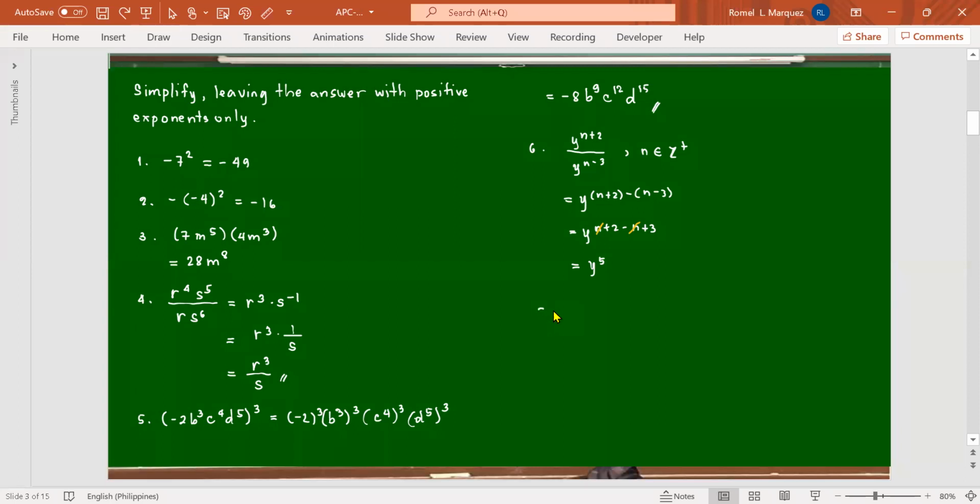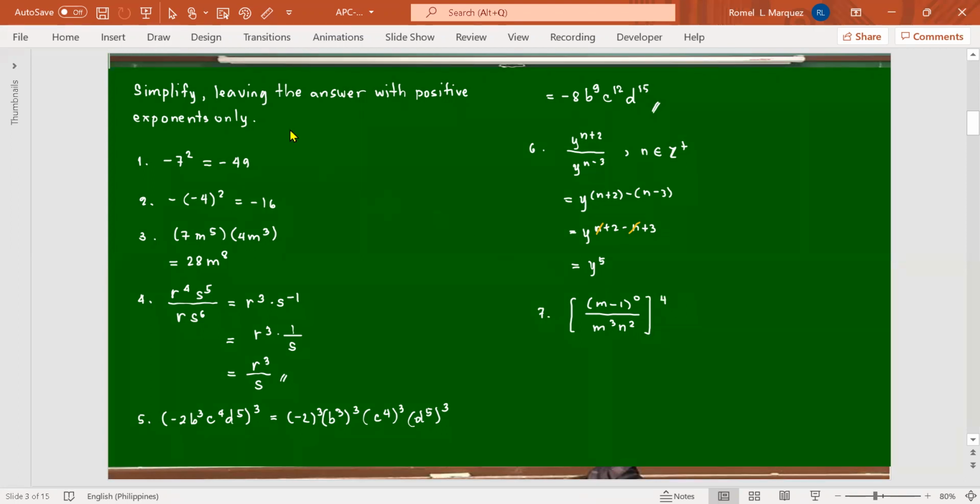Number 7. So if I have m minus 1 raised to 0 over m cubed n squared, quantity to the 4th.